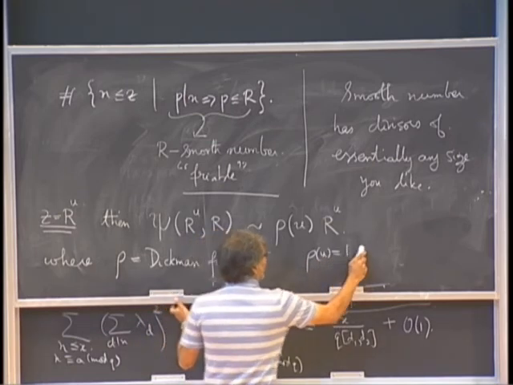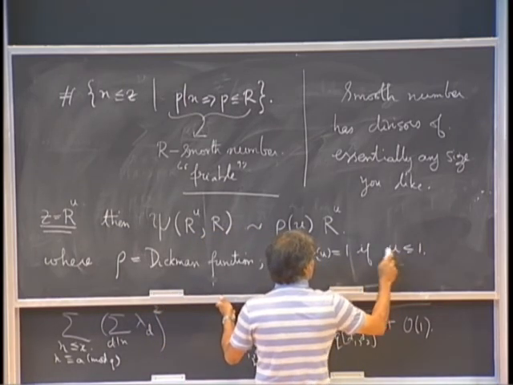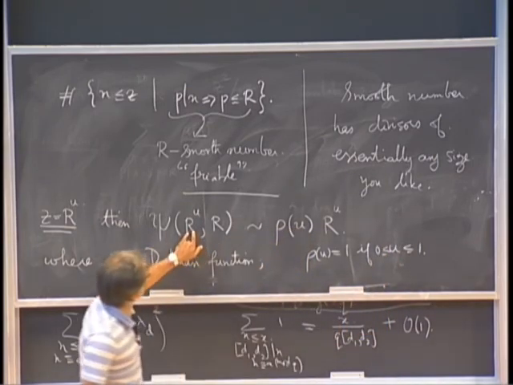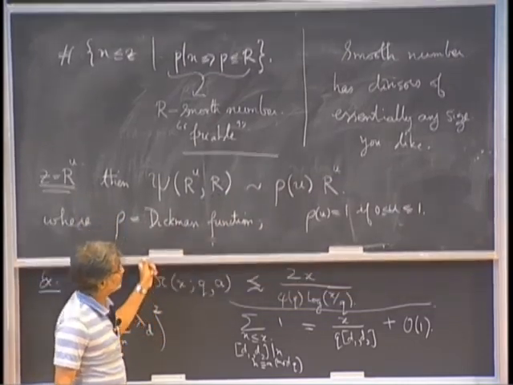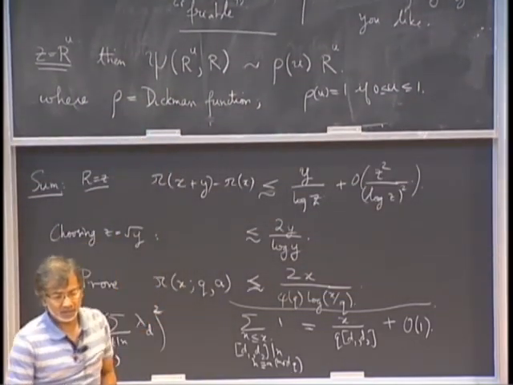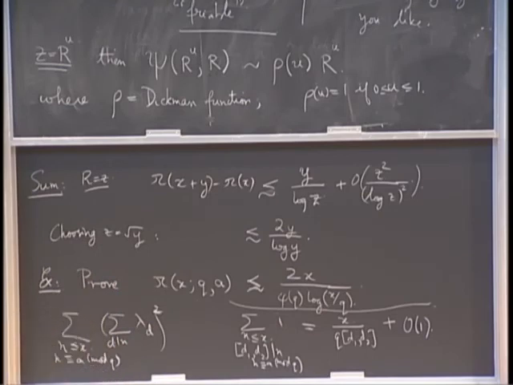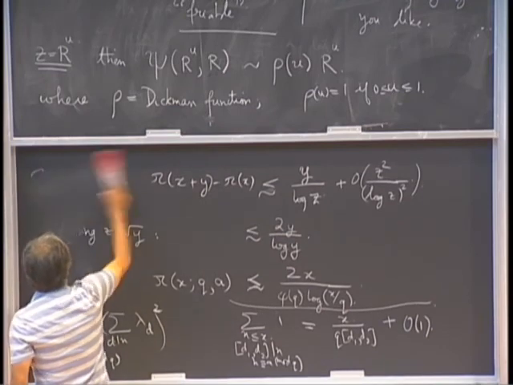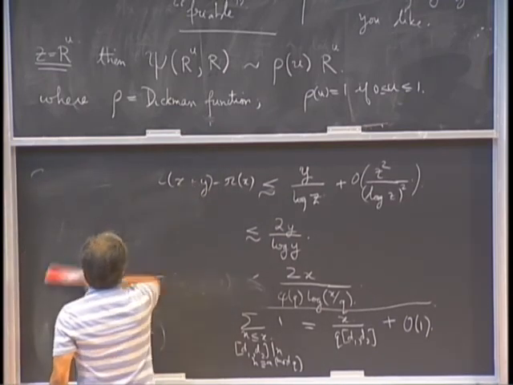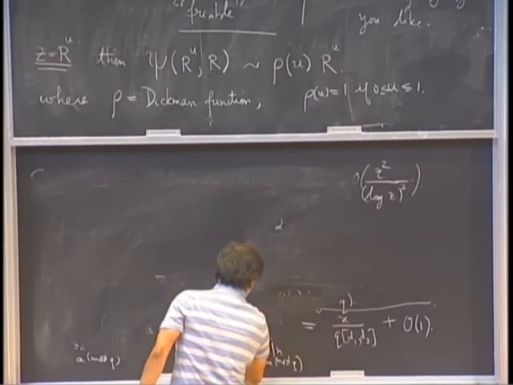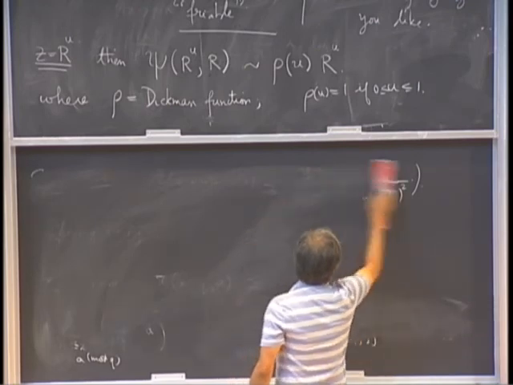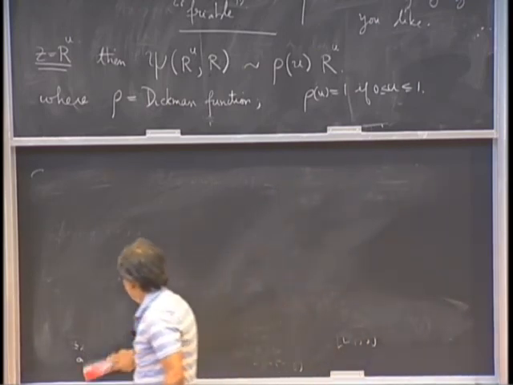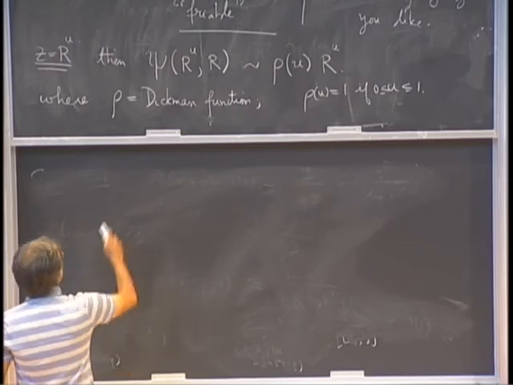It's 1 if u is less than or equal to 1. If you're counting the numbers up to r, all of whose prime factors are less than r, that's easy. This rho of u should be equal to 1. And then after 1, it's given by a differential difference equation.